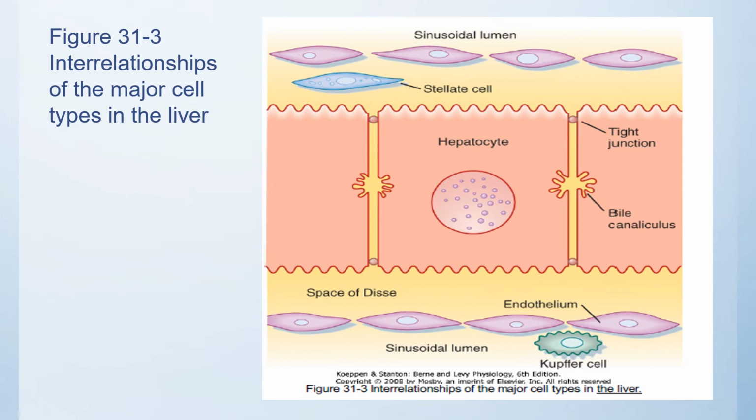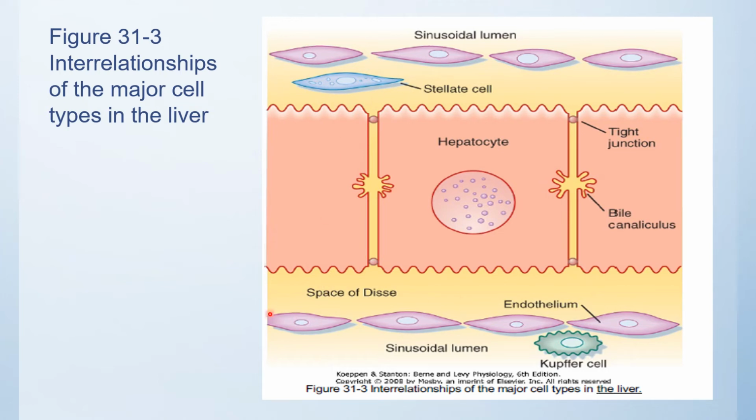This is a very beautiful diagram that shows us the interrelationship of the major cells in the liver. So we have your hepatocytes, and here you have your sinusoidal lumen. In the sinusoidal lumen, in one part you have your phagocytes, which are your Kupffer cells, with your endothelium, and in the other part will be your stellate cells.